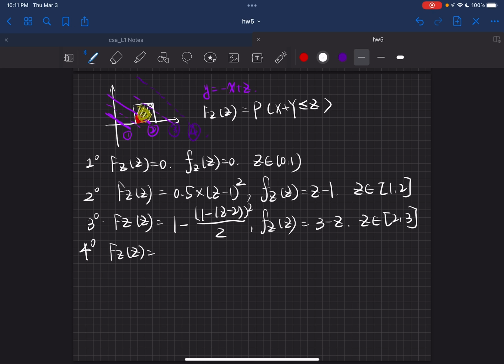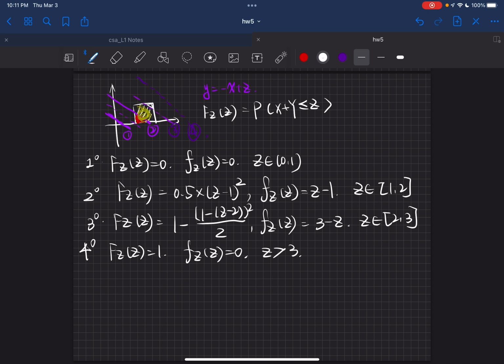So the distribution function of Fz is equal to 1. Taking the derivative, the density function of Fz is equal to 0. This is for z greater than 3.